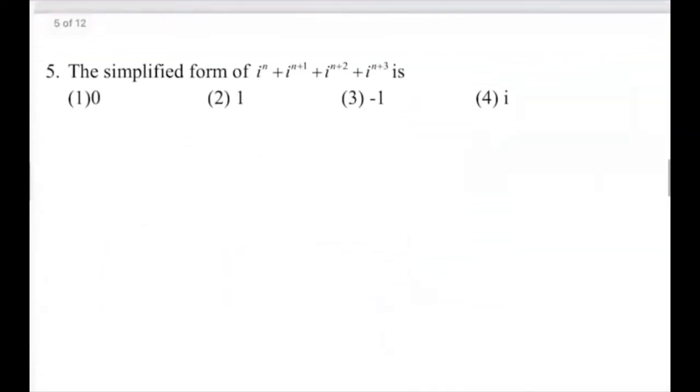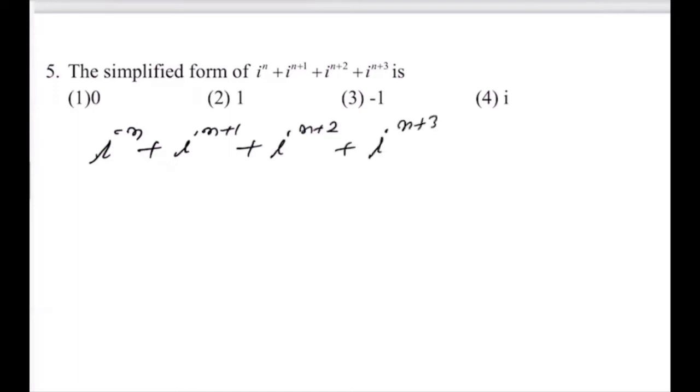Now, fifth question. In this, we are asked to simplify this expression in terms of i. i power n plus i power n plus 1 plus i power n plus 2 plus i power n plus 3. Here we shall use this law: a power m plus n can be written as a power m into a power n. Later, i square is minus 1.